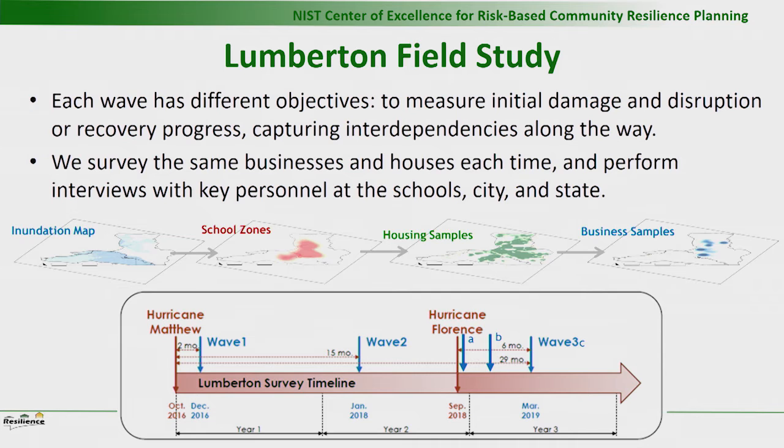All the while, we're documenting the availability and flow of external financial resources, measures of social vulnerability, and actions taken towards mitigation and preparedness. As you heard earlier, we ask people, why did you dislocate? Why did you continue to stay dislocated? What were the factors that you used to decide to return home? And similar questions for businesses.